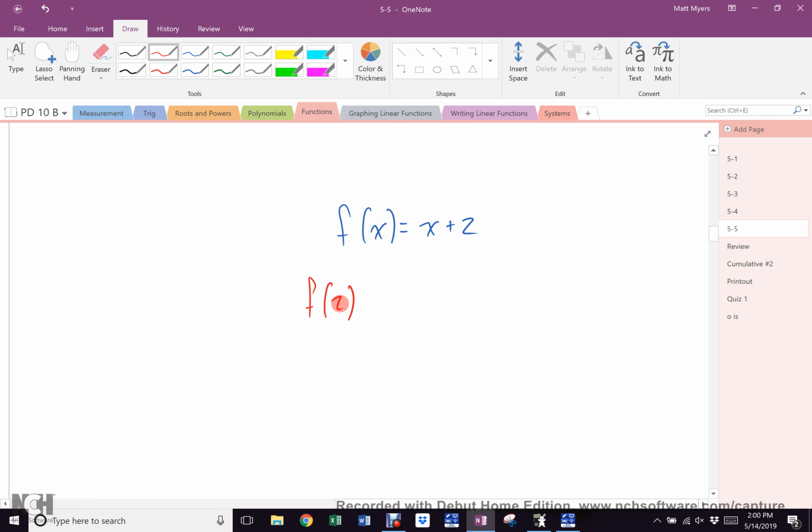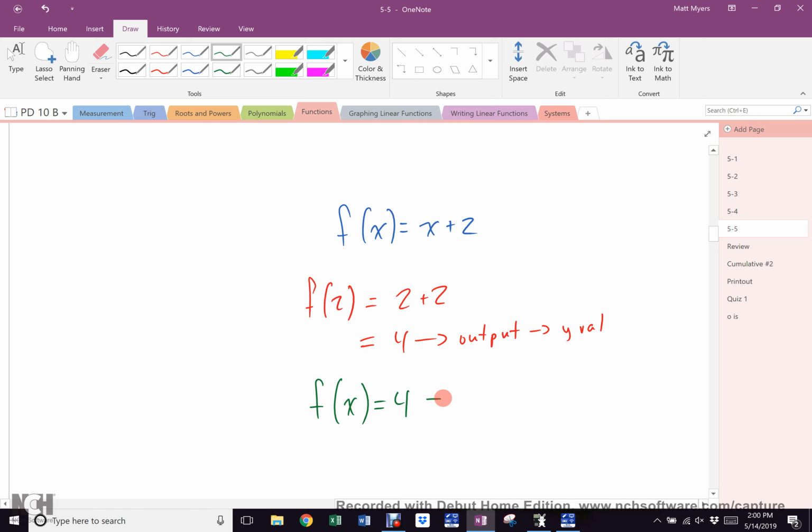If I want the f of 2, x is now 2. So it's an x value. F of 2 equals 2 plus 2, which is 4. This is an output, so it is a y value. So it is 2, 4. Now, if I told you the f of x equaled 4, I don't know x.